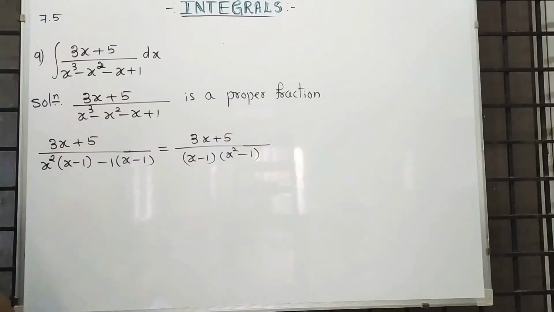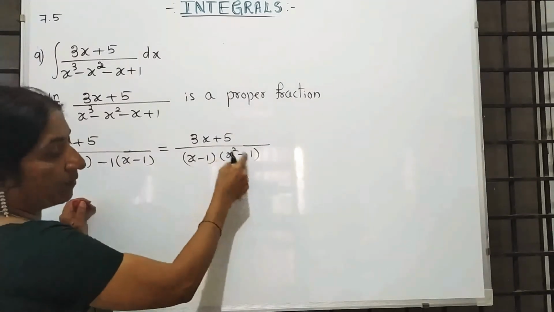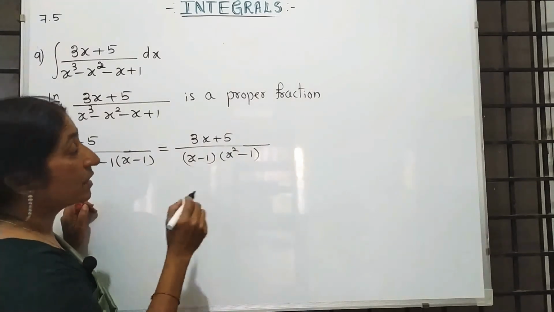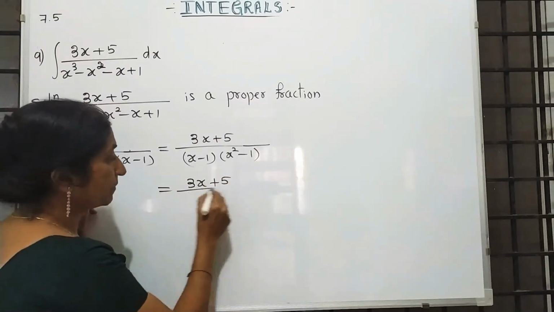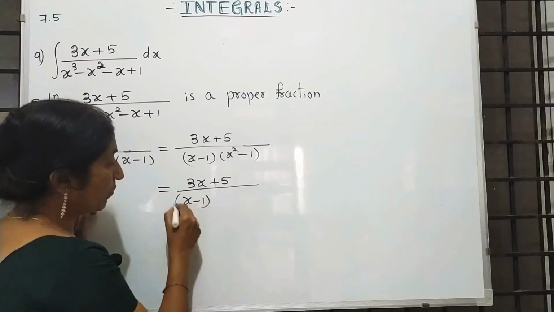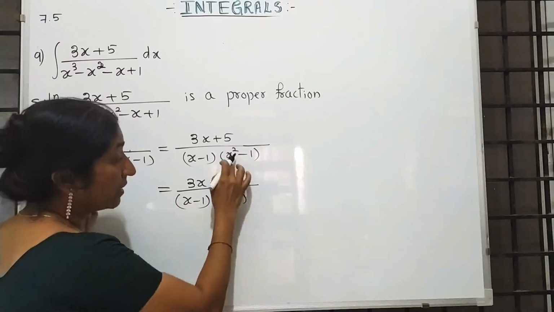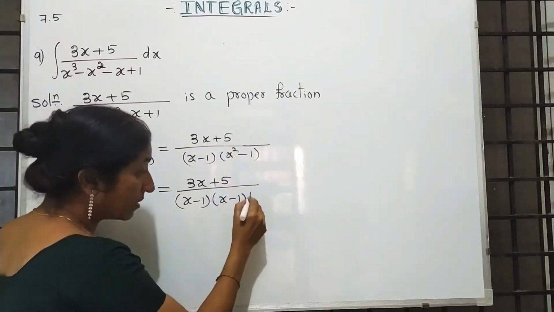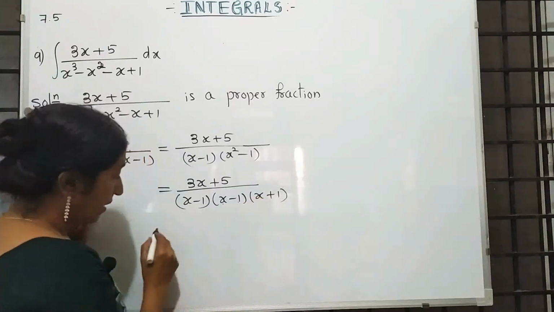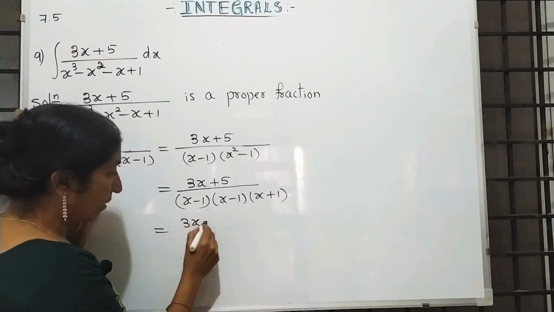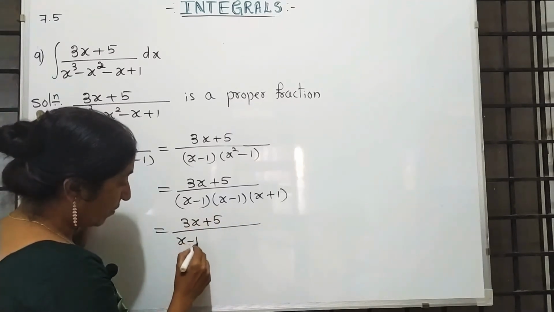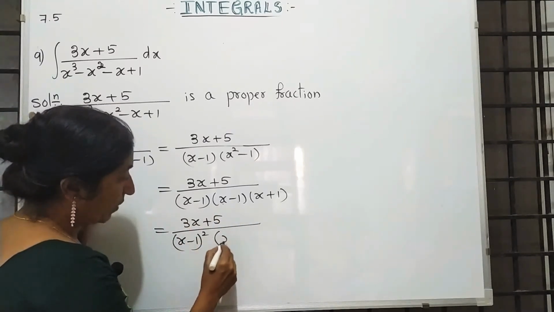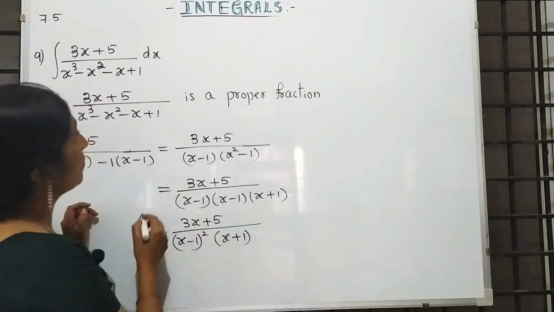In the denominator we have a quadratic x square minus 1, but you know that further splitting is possible. So it is x minus 1, x square minus b square, a minus b, a plus b. That means the function is written as 3x plus 5, x minus 1 into x minus 1 is x minus 1 whole square into x plus 1.